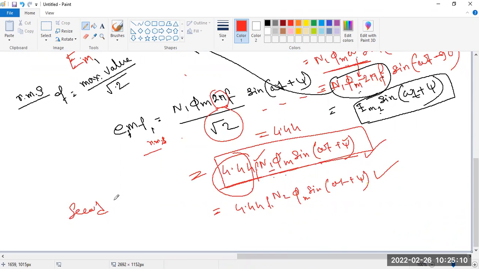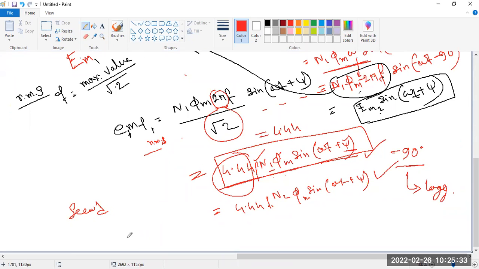And look, there is a difference between E1 and E2. This is a 90-degree difference. Phi means there is a minus 90 degrees. This 90 degrees means lagging. This is called lagging.